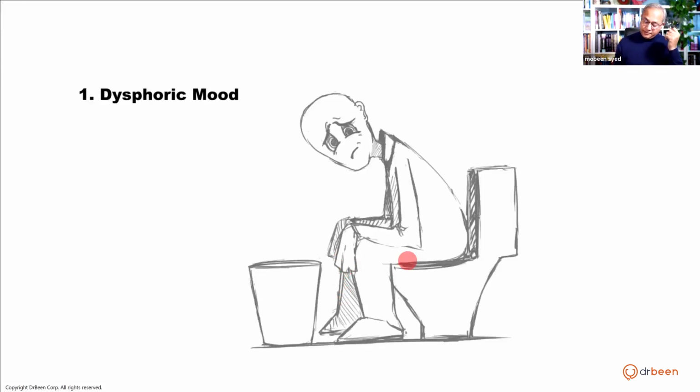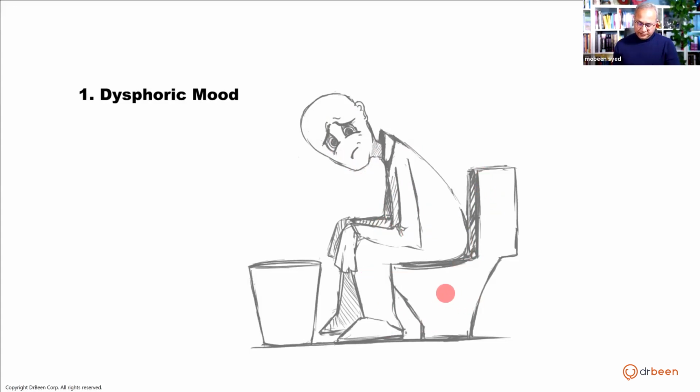First of all, dysphoria. Here, this individual who used to use opioids and has now reduced them or stopped them or is taking an antagonist is dysphoric. Dysphoria is a saddened state. And why do I have him sit like this? It will become clear in a second.